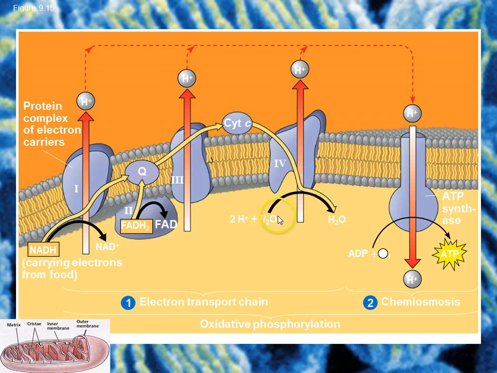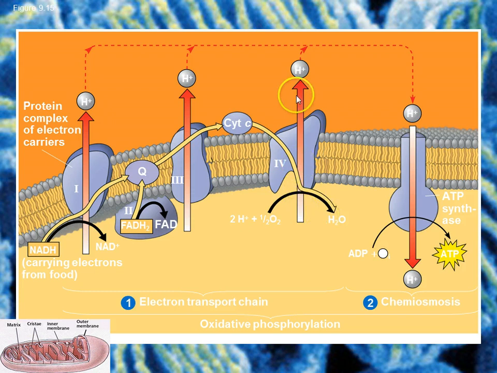Their ultimate end here is oxygen. And if you can remember, oxygen is your highly electronegative atom, and it is the one that kind of drives this whole entire process. It keeps the electronegativity so high that the electron has no choice but to be pulled along all of these protein chains. So oxygen joins in and it uses those electrons along with some available hydrogen, and with this last little step, creates water.